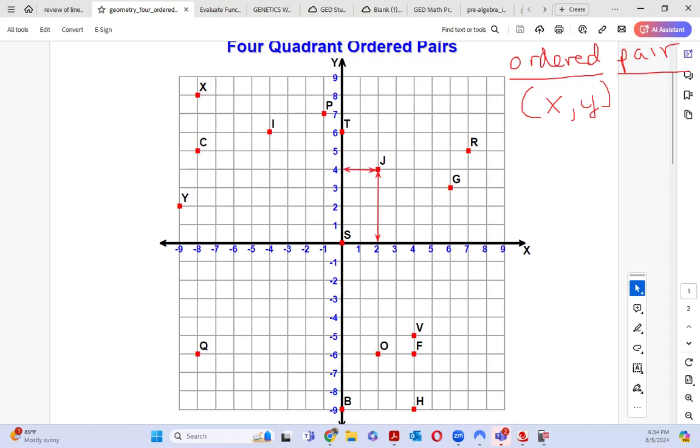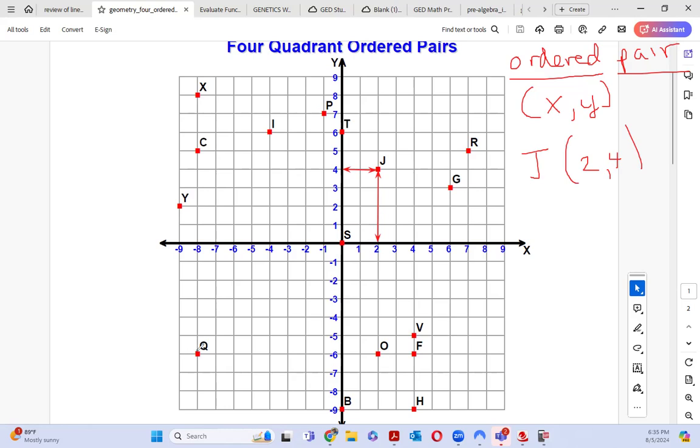Positive 4, because you go up. So J is 2, comma 4. Do I need to show the positive in front of the 2 and 4? No. So 2, 4 and positive 2, comma positive 4 are all the same thing.